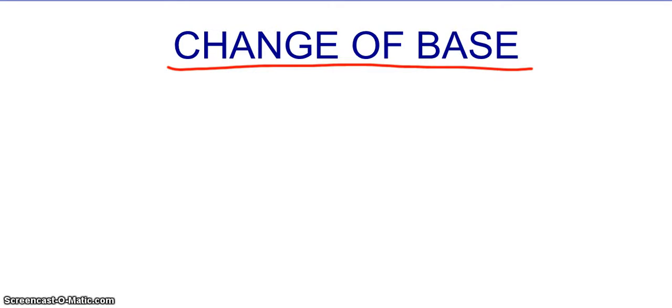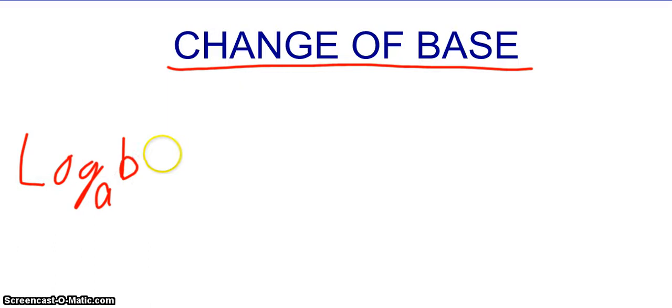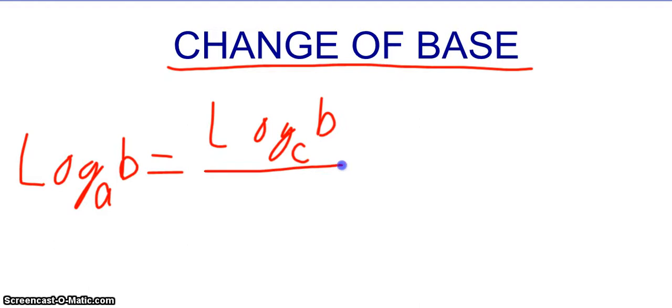But the general equation is if we have some log base a of b, I can change this into log base c of b over log base c of a. Now again, c can be any real number we want.